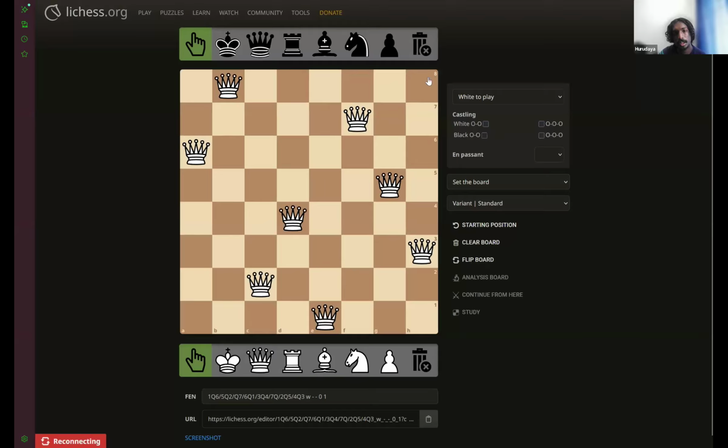Yeah, exactly. Let me clarify something. When I said rotate, I meant rotate the entire chessboard, not permute or swap two of the rows. Because, for example, if you swap row 7 and row 8, then this queen comes here and they're on the same diagonal.